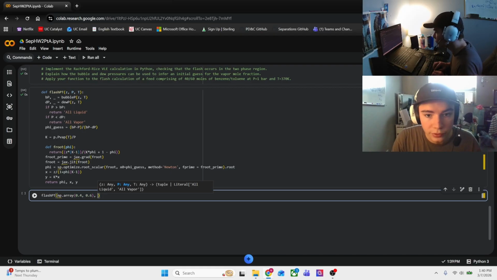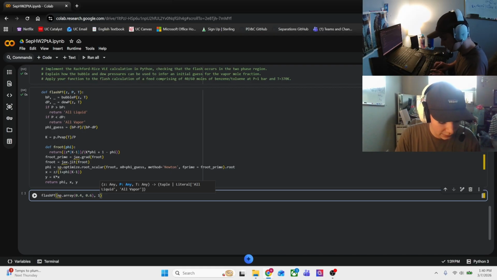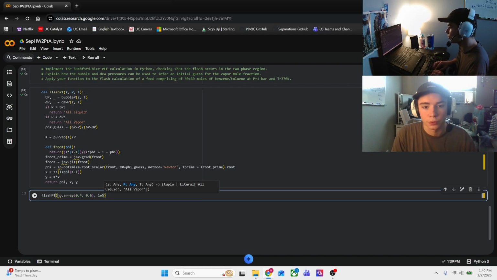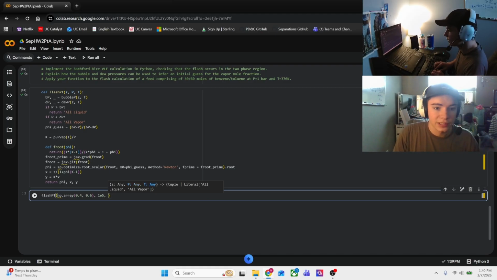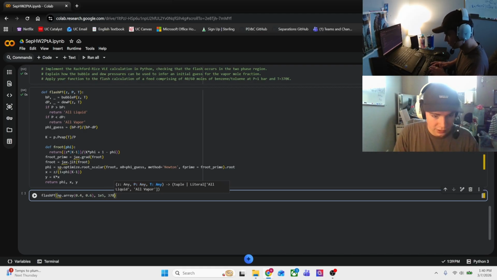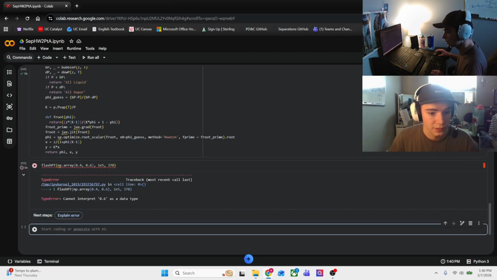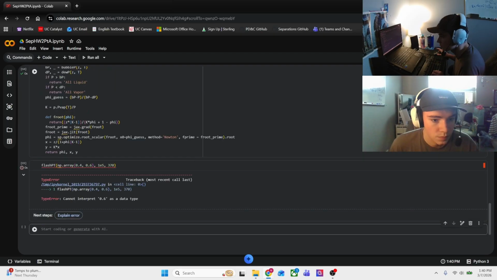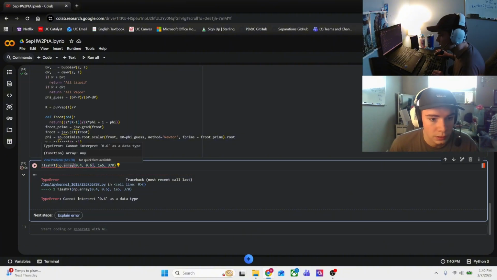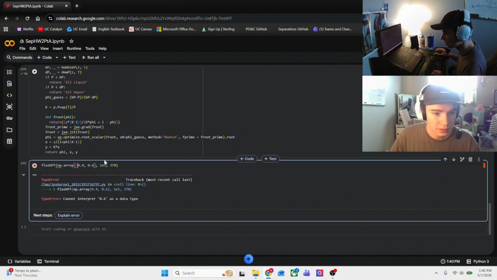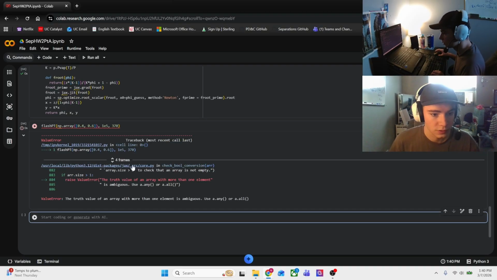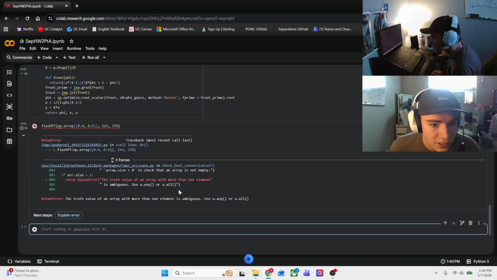We know that our pressure is going to be 1e5 pascals or 1 bar, and our temperature is going to be 370 Kelvin. So let's see what this spits out for us. I need to put these in brackets. All right, what's up now?